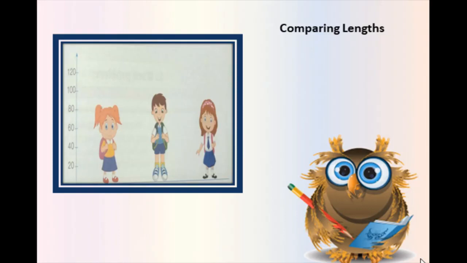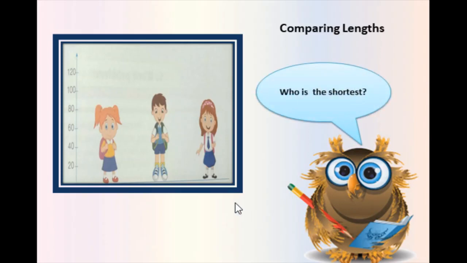We have 3 children, and we are trying to look at their individual heights, how short or how tall they are. Now, we have this girl A, boy A, and girl B.